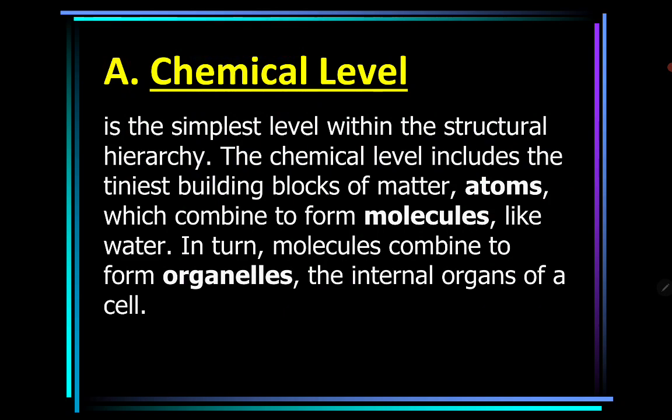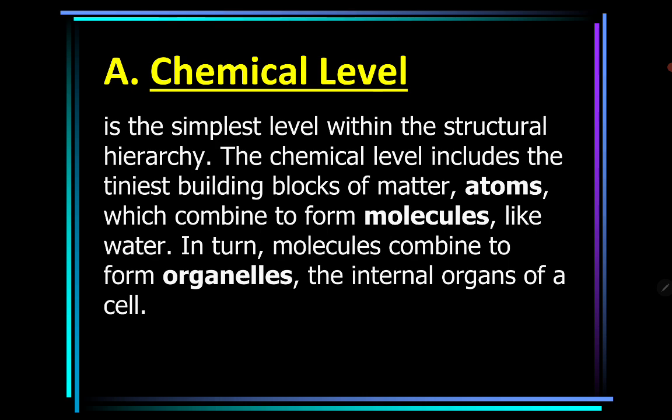All matter in the universe is composed of one or more unique pure substances called the elements. If you are already familiar with this, examples are hydrogen, oxygen, carbon, nitrogen, calcium, and iron. And when we say chemical level, this is the simplest level within the structural hierarchy.